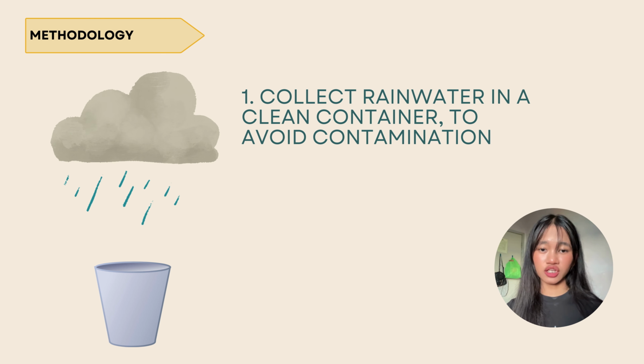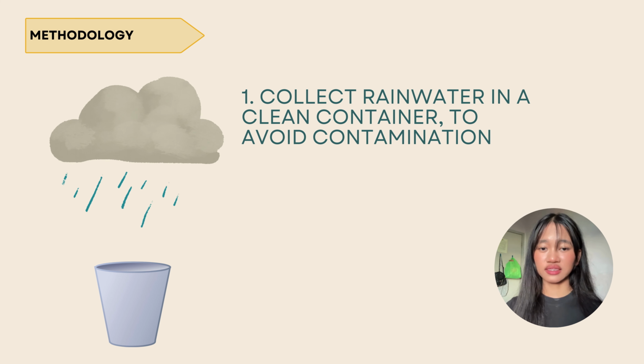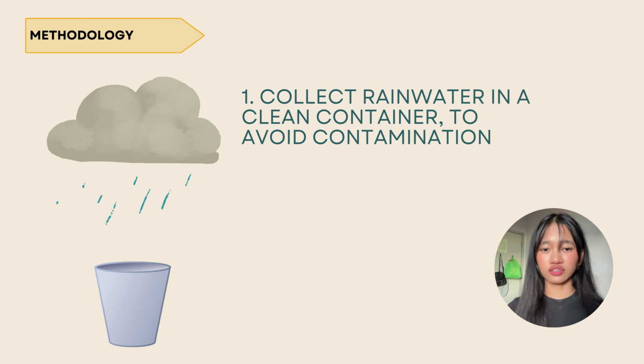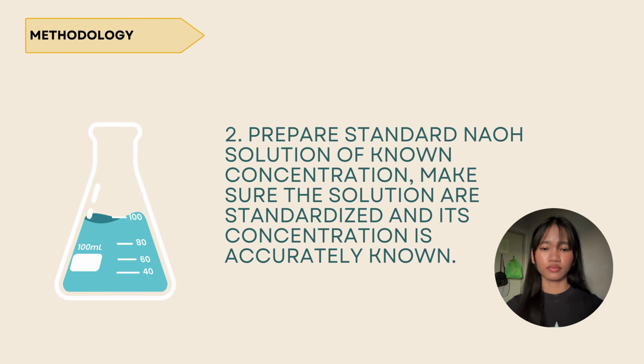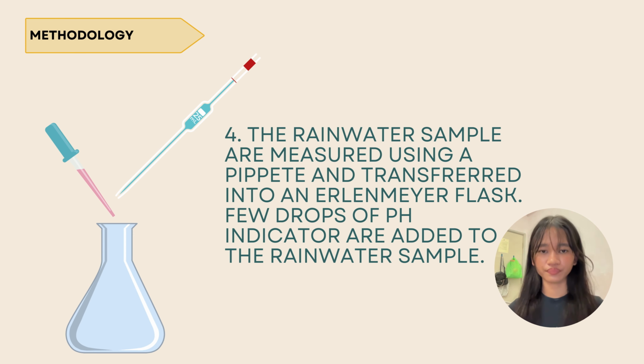Next is the methodology of acid rain titration. First, we collect the rainwater sample in a clean container. This is to avoid contamination. And then, prepare the NaOH solution of known concentration. Make sure the solution is standardized and its concentration is accurately known. Then, fill the burette with NaOH solution and record the initial volume.